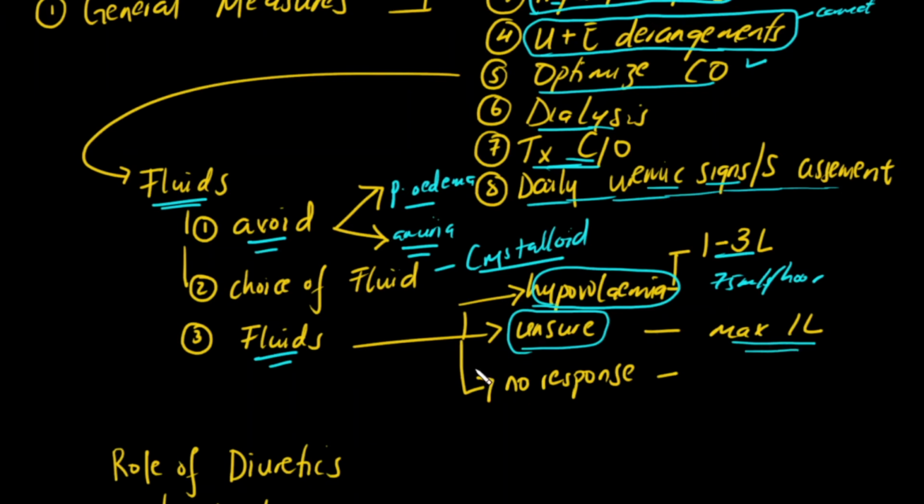And finally, what if there is no response to the fluid that you give? Patients who do not respond to the fluid, where you will likely see urine output increasing, or a decrease in your serum creatinine, most likely do not have pre-renal failure.